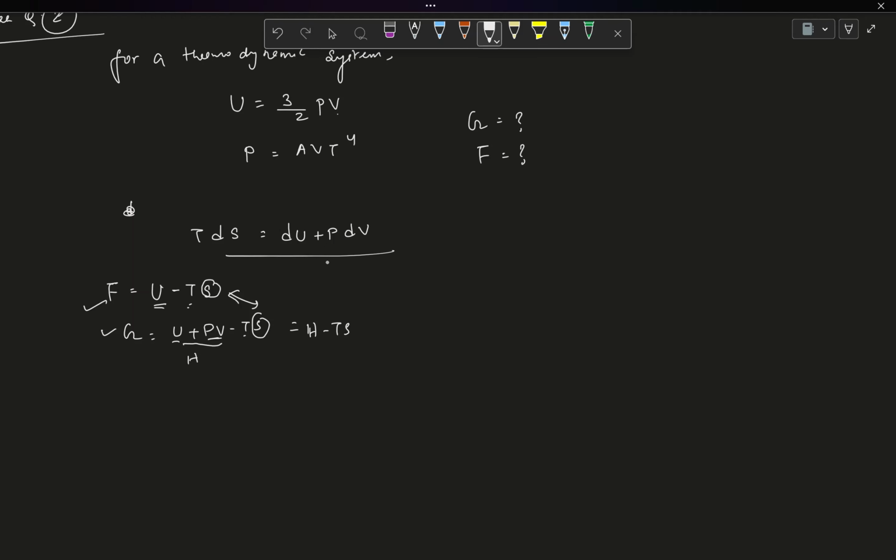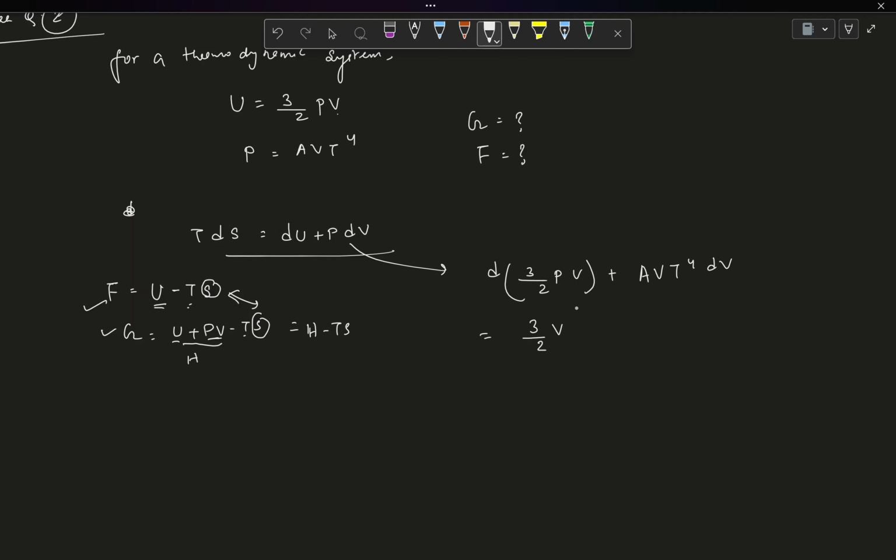So this is one expression that standardly includes dS, dU, and all other temperature and pressure variables. So from here you can get S. How? It is that dU is d of 3 by 2 PV, plus PdV, where P is given as A V to the power of 4.